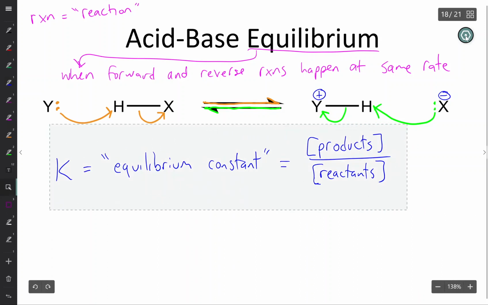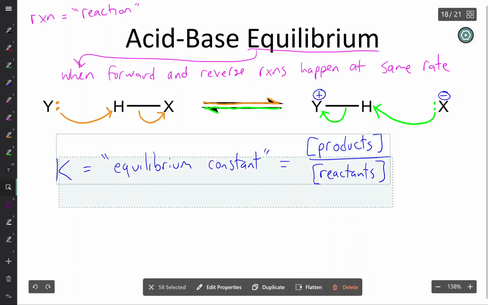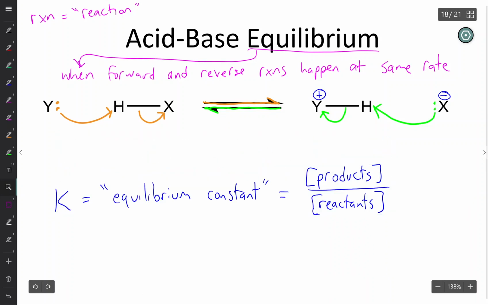So given what we know about pKa values, I'm going to show you how you can actually find the K value for any acid-base reaction based on pKa values. To do it, we need to establish what the roles of everything in this reaction are. So in the forward reaction, what role is Y playing?